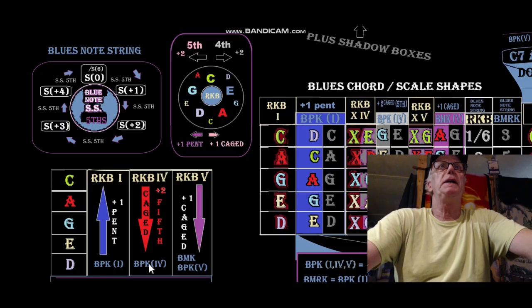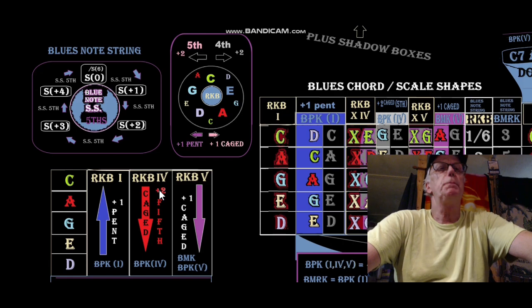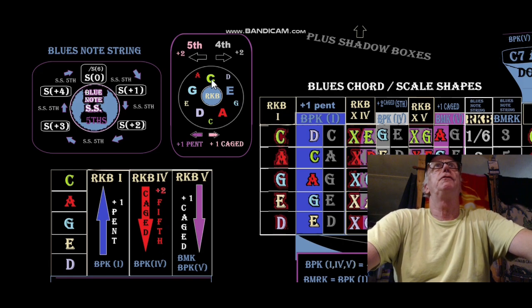For blues pent key 4, we're going to go cage 2 positions, which is a fifth. So from C, which is our root key of the blues root, we're going to go the fifth, 2 of these guys, 1, 2, we're going to go to the G, and that is the fifth of C.